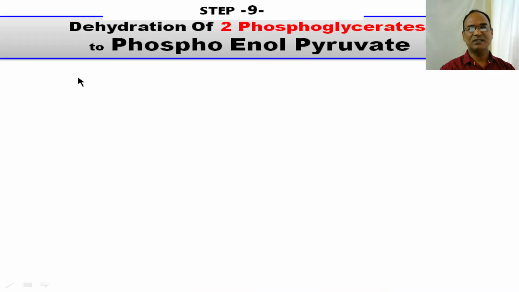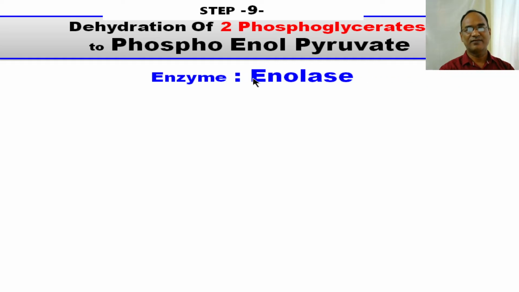So in the 9th step, dehydration of 2-phosphoglycerate makes phosphoenol pyruvate. For this process, we are going to remove one more hydrogen ion from the chemical bond with the help of the enolase enzyme.